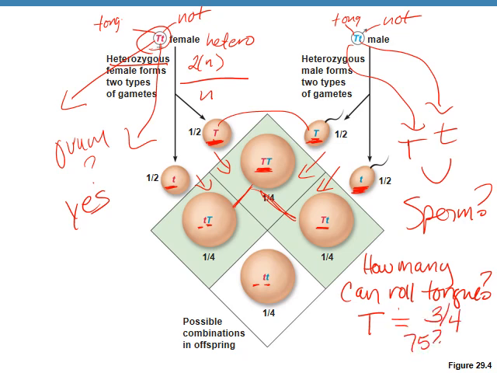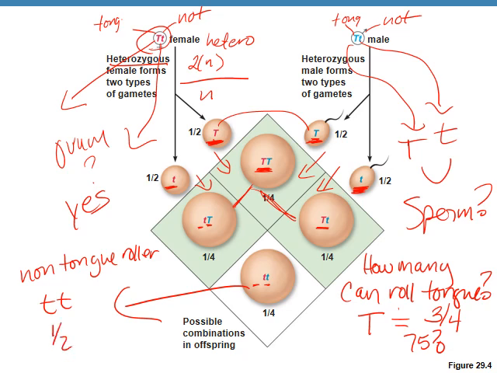So it's probable that about 75% of your offspring will be able to roll their tongue. What about this one? The only way you could have a non-tongue roller is if you have 2 recessive alleles. So they have a 1 in 4 or a 25% chance of having a child that cannot roll their tongue.